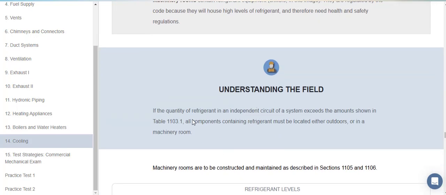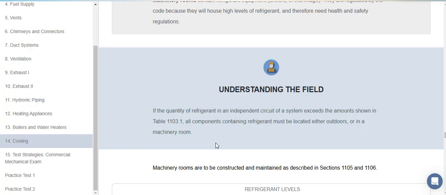If the quantity of refrigerant in an independent circuit of a system exceeds the amount shown in Table 1103.1, all components containing refrigerant must be located either outdoors or in a machinery room.